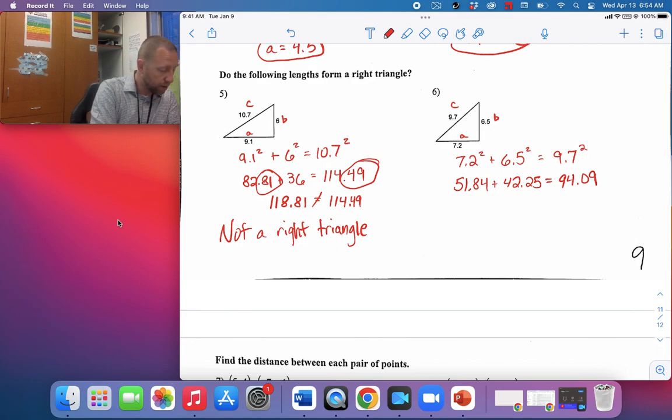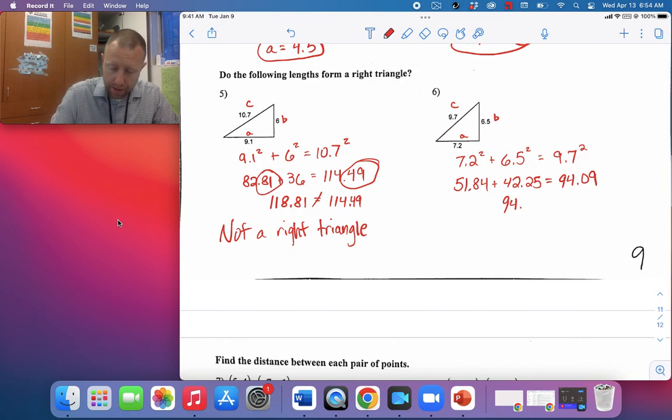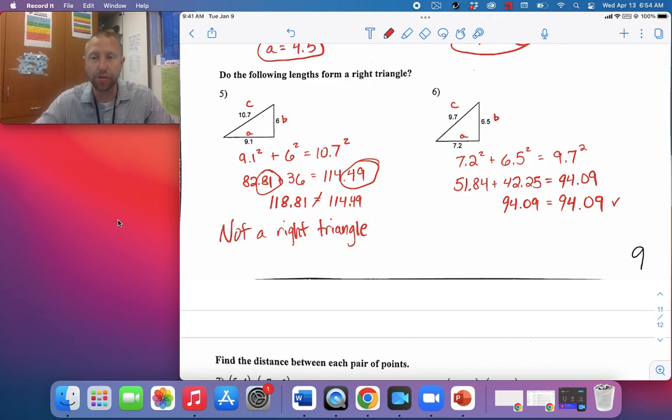So I've got 51.84 plus 42.25. And that equals 94.09. Well, would you look at that? That's what's on the other side, right? So the two things do equal each other. I can put a little check mark there. That is true. They do equal each other. So yes, this is a right triangle. A little exclamation point there because I'm excited that it worked out.